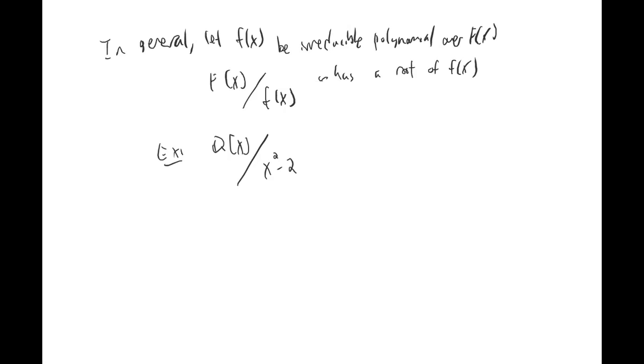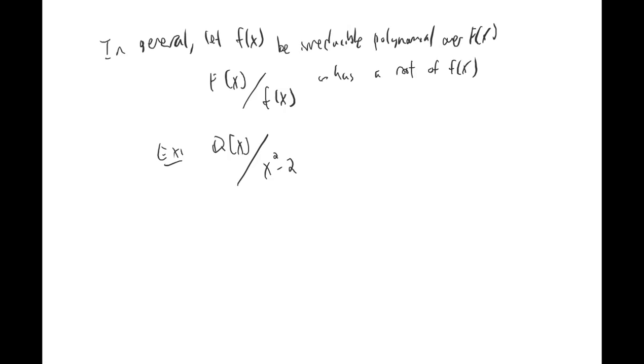I mean, just by definition, what are the elements here? x squared minus 2 is 0, so what is x squared? x squared is 2.